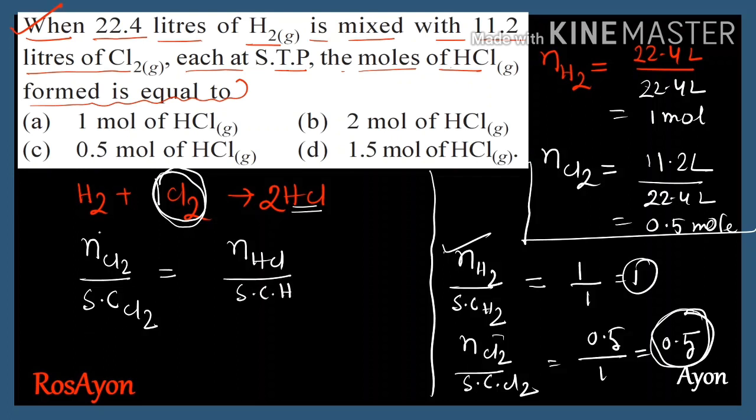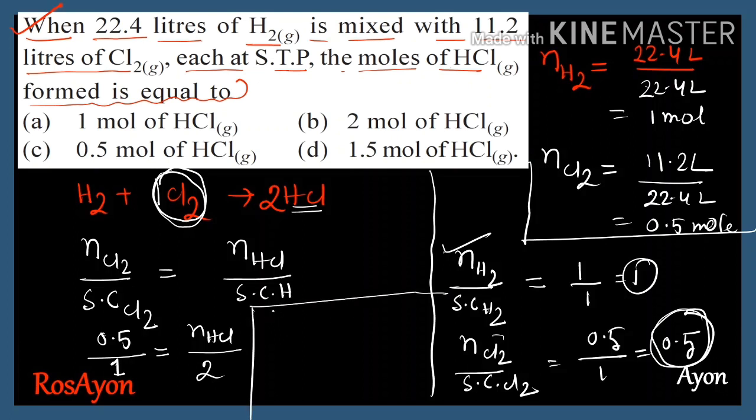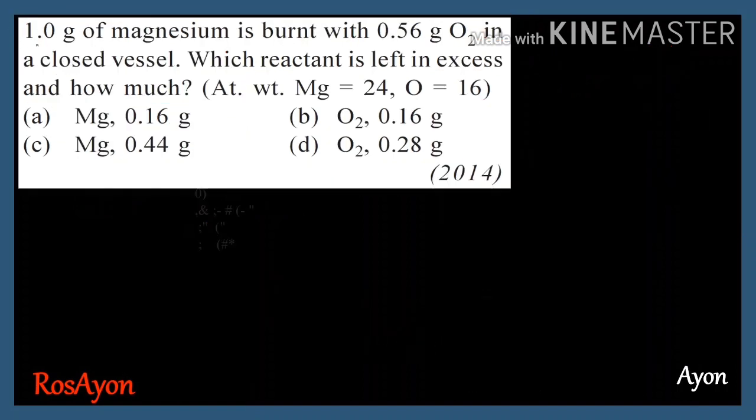This value is 0.5 divided by 1, that is equal to N of HCl divided by 2. Clear? So number of mole of HCl is equal to 1 mole. So the right answer is 1 mole HCl. Clear? Let's see the next problem.